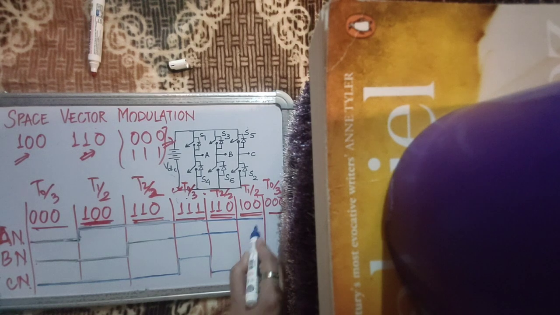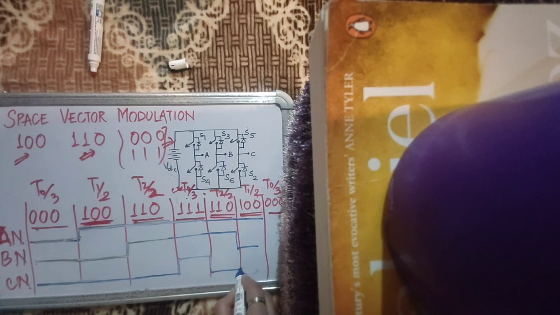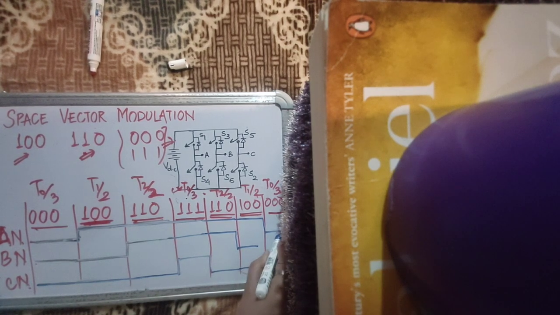Then this remains high, this goes low and this remains low. Finally you go low, go low and go low.